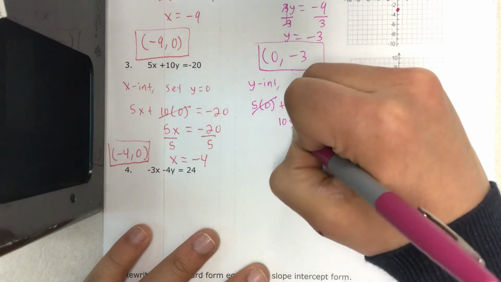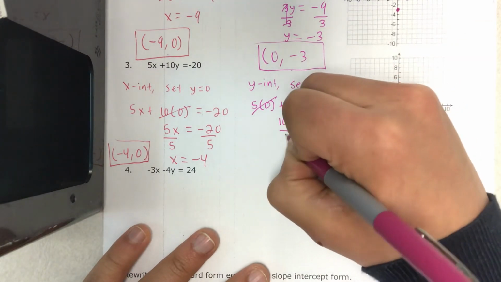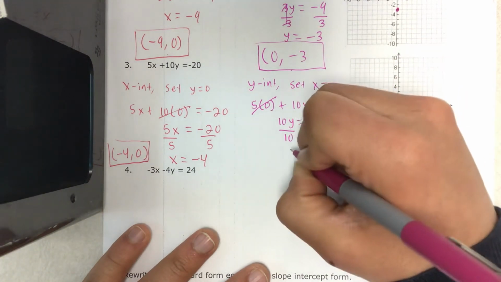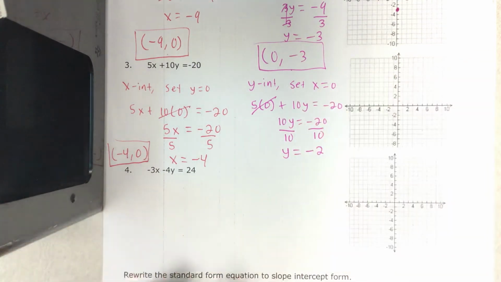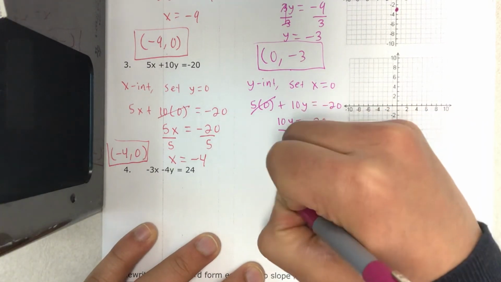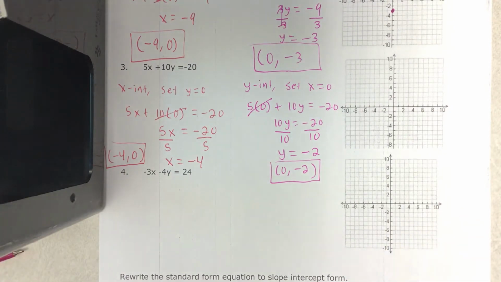So I'm left with 10y equals -20. To undo 10 times y, we divide by 10. What I do to one side, I do to the other. 10y divided by 10 gives me y equals -2. And then the last step, we write it as an ordered pair, 0, comma, -2. Done and done.